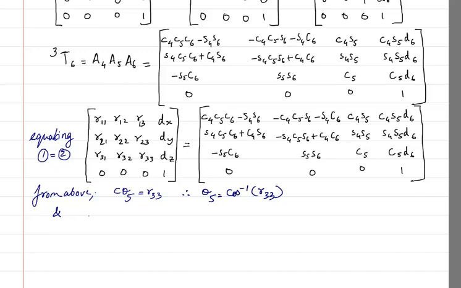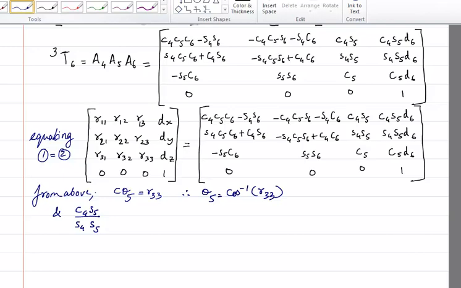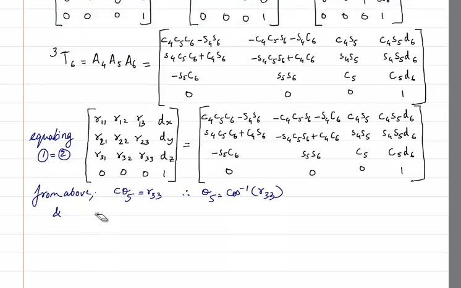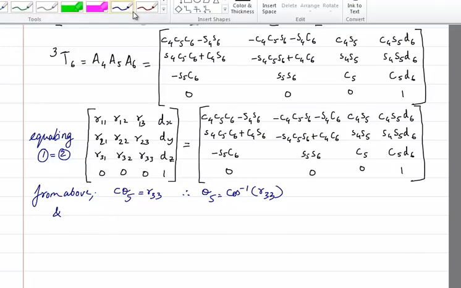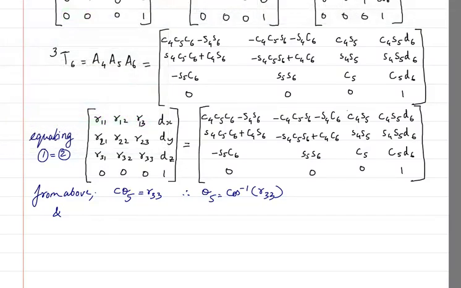What I am going to do here is take the division of this with respect to this, that is r23 divided by r13.